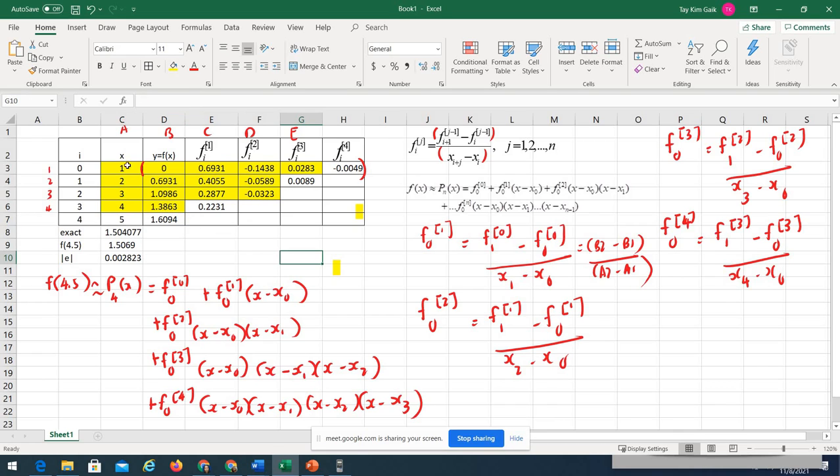So the I goes up to 3, and your Newton divided difference goes up to third level. First level, from 4 data, less 1 becomes 3. Second level has 2 data, and third level only 1 data.